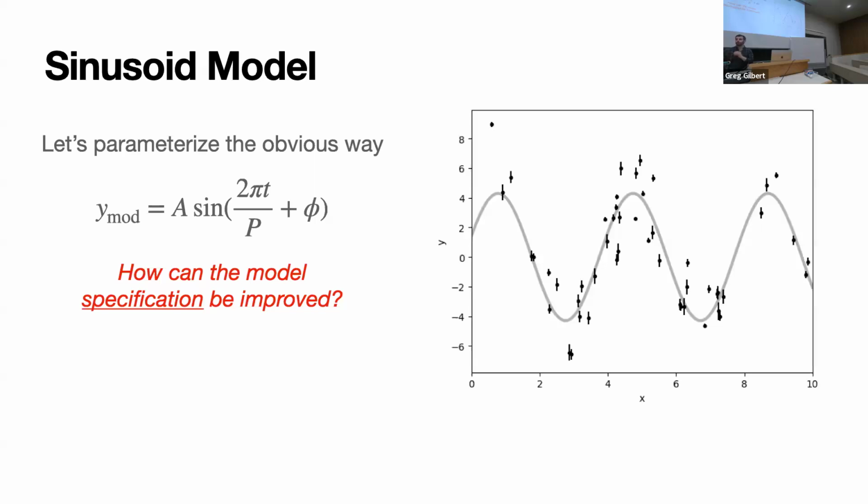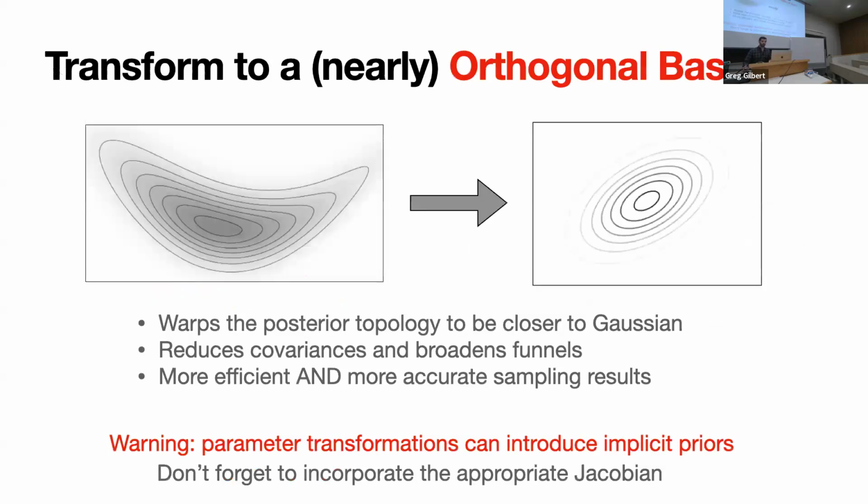You've got a lot of data, the uncertainties are small, but look at the context of whatever problem you're looking at, see if there's some way to reparameterize in order to get it to something that is more nearly orthogonal. I say nearly orthogonal on purpose because you're not always going to be able to get things perfectly orthogonal. And even if you are, it's often just not worth the headache to try to perfectly linearize or perfectly get it orthogonal.